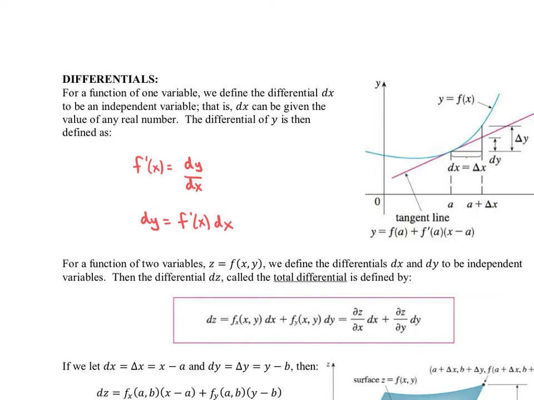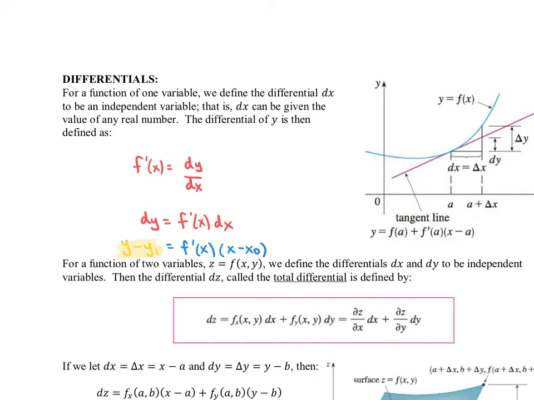Now keep in mind that this is completely aligned with the idea of a tangent line itself. I'll make the same connection with our concept with a third variable. Think about it this way: if you have your change in y, the dy, that's simply your y value minus wherever you started.